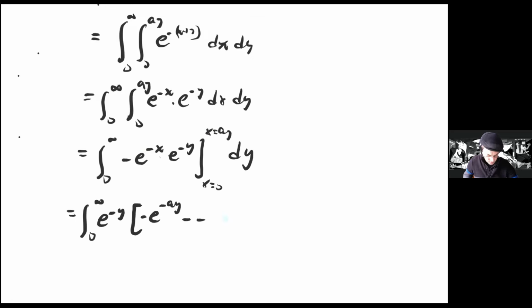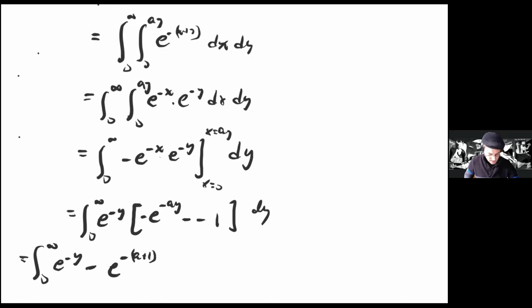So I'll just write that as 1, dy, and this is the same thing as the integral from 0 to infinity. Now I'm going to try to simplify this. Okay, so what is this? This is the same thing as e to the minus y minus e to the minus (a plus 1) times y dy.